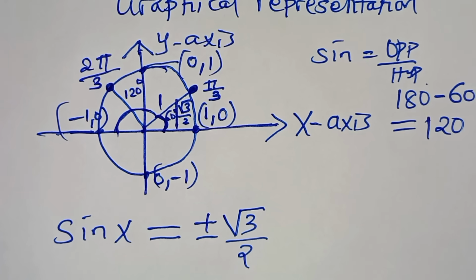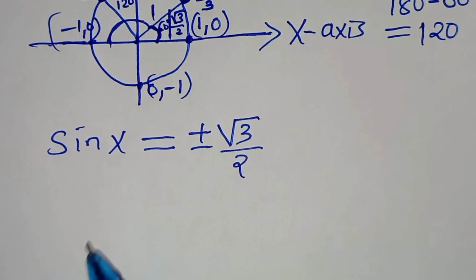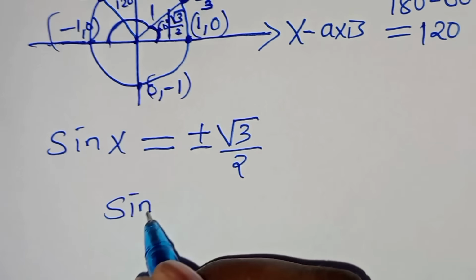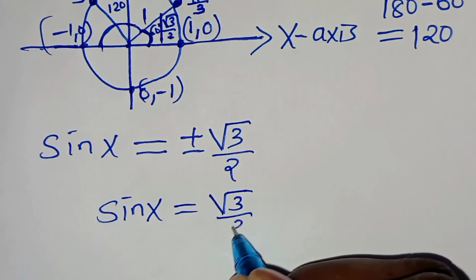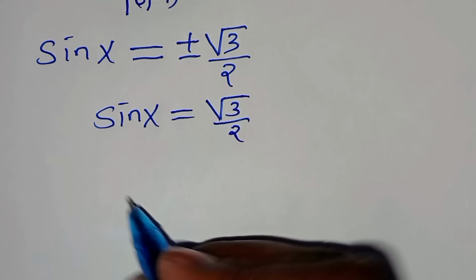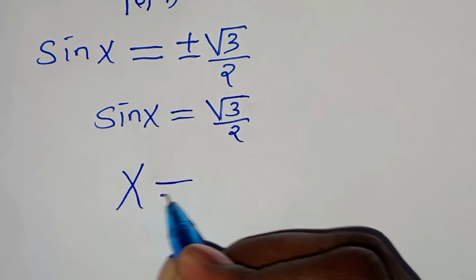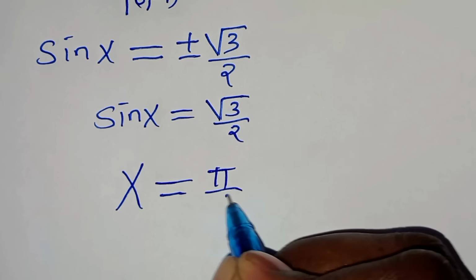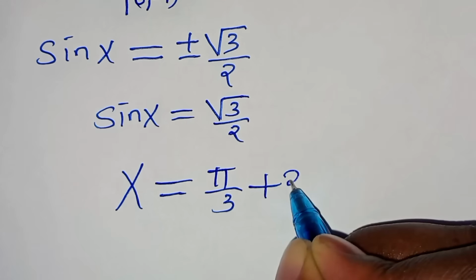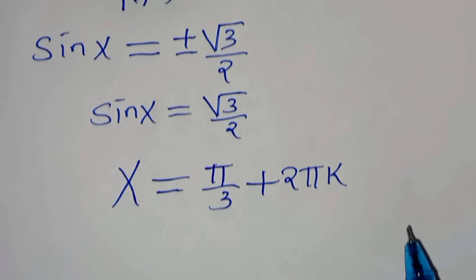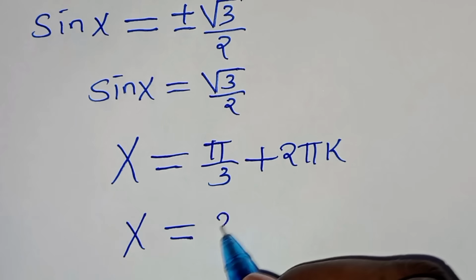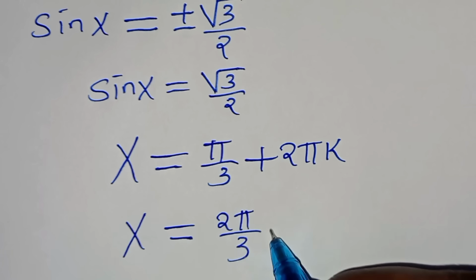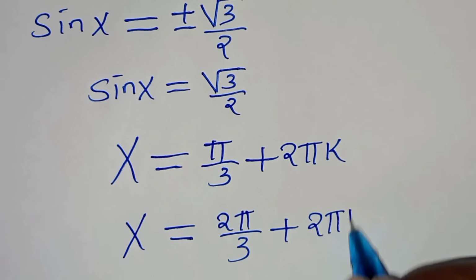So this means that for sine x equal to positive square root of 3 over 2, the values of x are pi over 3 plus 2 pi k. We also have x equal to 2 pi over 3 plus 2 pi k.